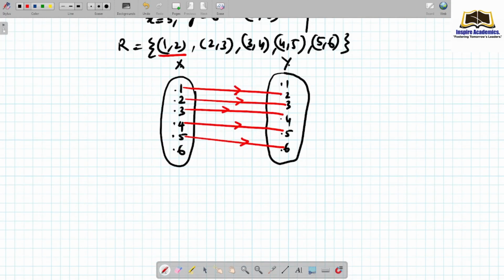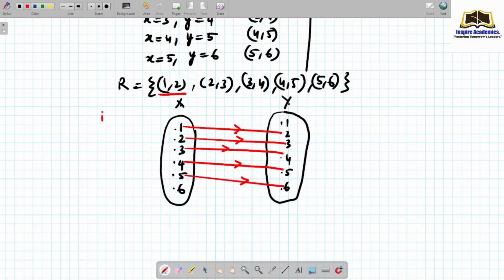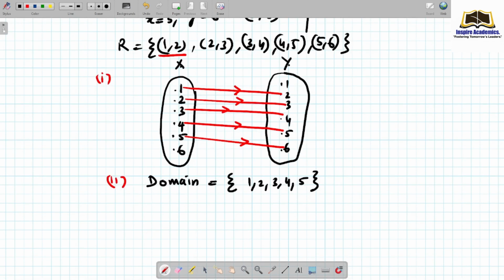Now this was the answer for 1 and answer for 2. What was asked of us? Range and domain. So domain as such, what will it be? Domain is all the first elements: 1, 2, 3, 4, 5. Similarly, what will the range be?